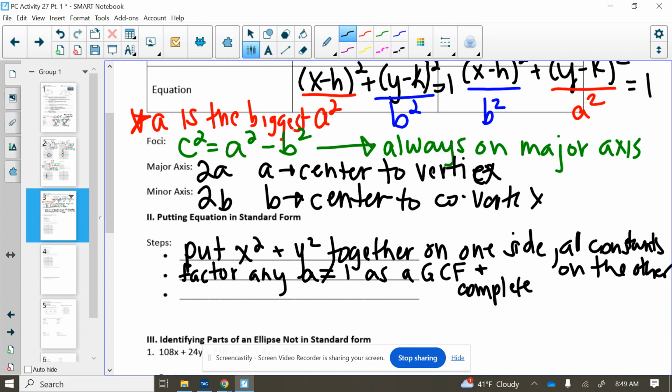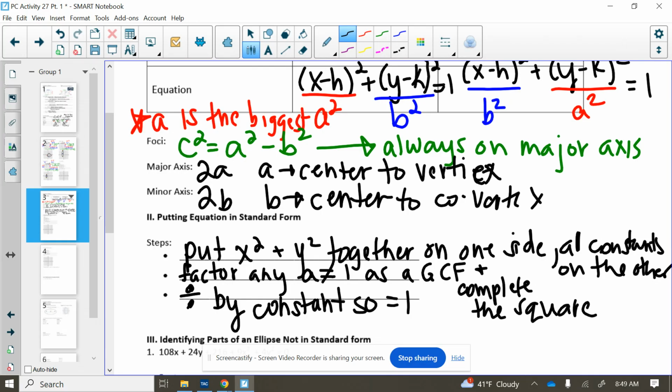And then we finish the process of completing the square from there. And then last but not least, when we get that final side, we want this to be equal to 1, so we end up dividing by the constant on the right-hand side so that we get our equation equals 1, and then we will always reduce.